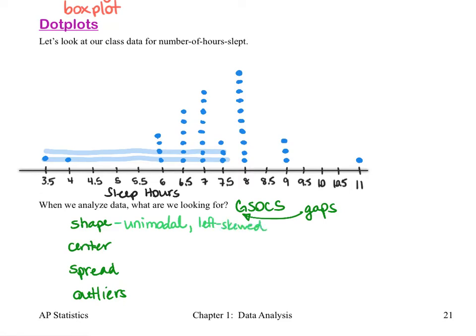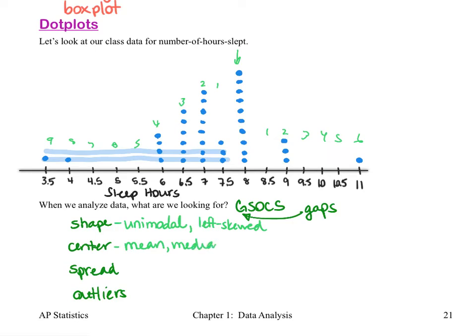And when we're looking to see what the skew is overall, what we would do is look at where the peak is, and you can see this is the tallest column at 8 hours of sleep, and we have 1, 2, 3, 4, 5, 6, 7, 8, 9 rows to the left, and 1, 2, 3, 4, 5, 6 rows to the right. So more rows to the left means the tail is on the left, so it's left skewed. We'll talk a little bit more about that on the next page. As far as center goes, we would either be looking for the mean or the median.